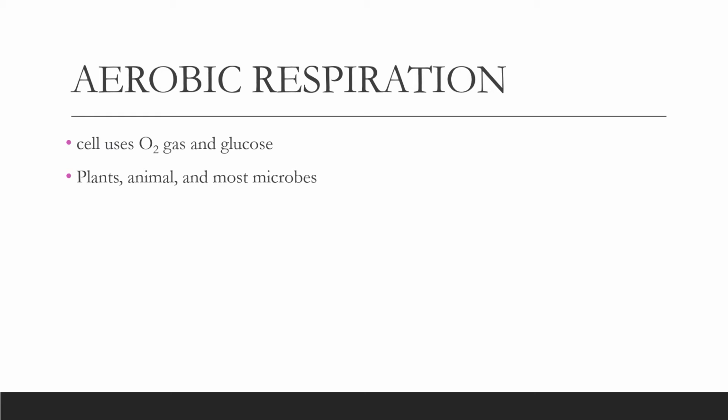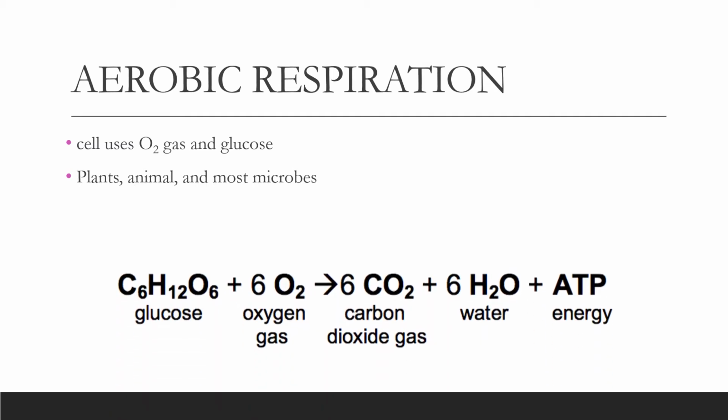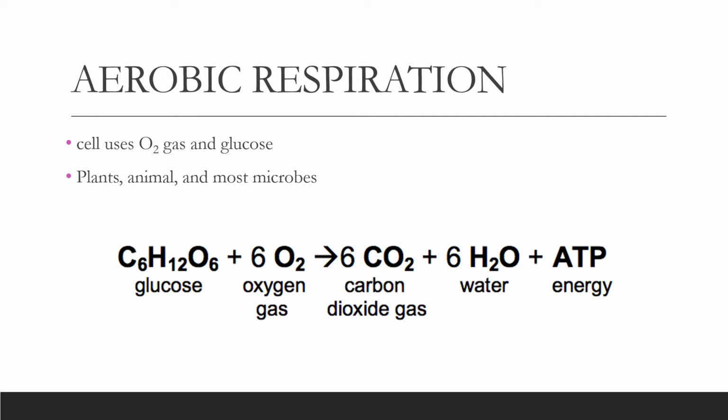Other pathways, including fermentation, generate ATP from glucose without using oxygen. Now, the overall equation for aerobic respiration is essentially just the reverse of photosynthesis, as you can see here. So the general equation for aerobic respiration would be glucose plus oxygen yielding carbon dioxide, water, and also energy.